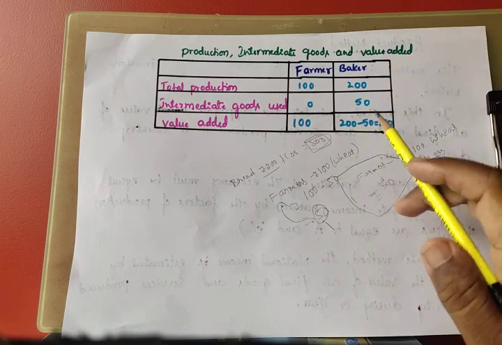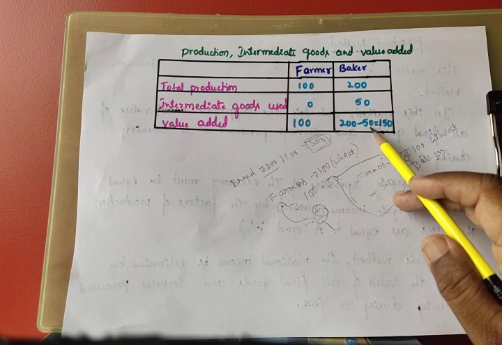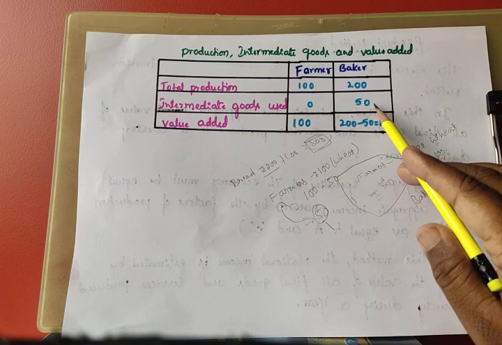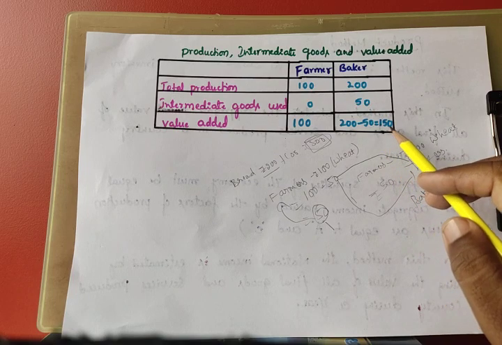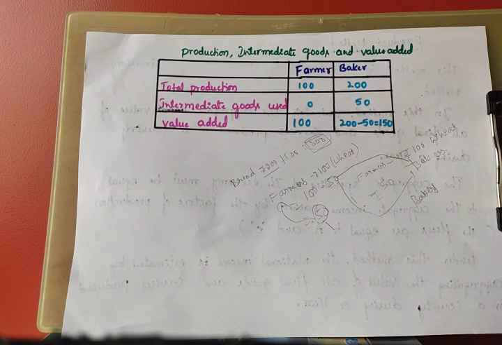So that's why 50 is the intermediate good. While calculating, we should deduct the value of intermediate goods, and remaining is 150. 150 is the final value.